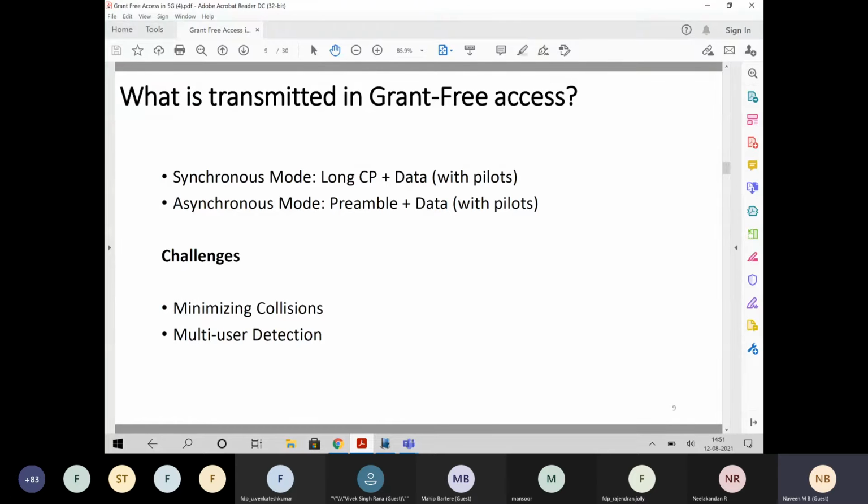This is some rule of thumb people are using now. These may change as the networks progress. If we find out that even using grant free I can send 100 kbps very easily, then people will move it to 100 kbps. Okay, thanks.